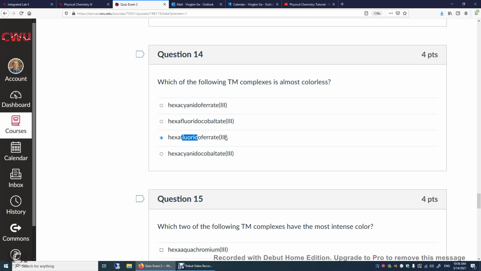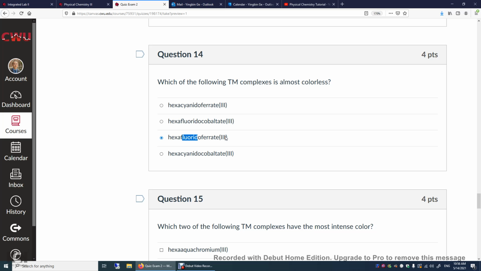So when this transition metal complex absorbs a photon and undergoes an electronic transition from the ground term with a spin multiplicity of 6 to a higher energy term with a different spin multiplicity, it's going to be spin forbidden for sure.